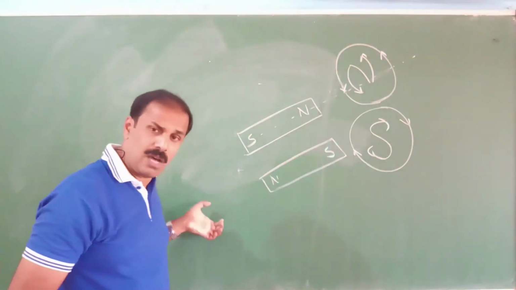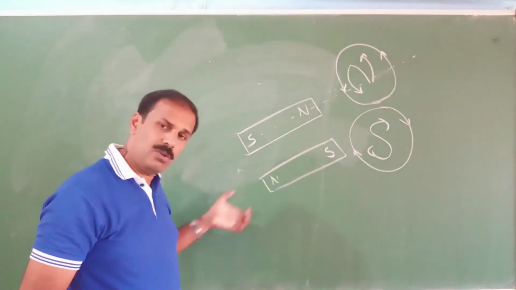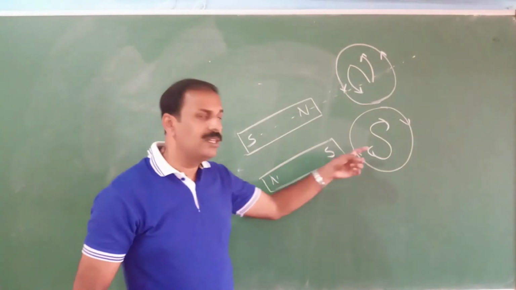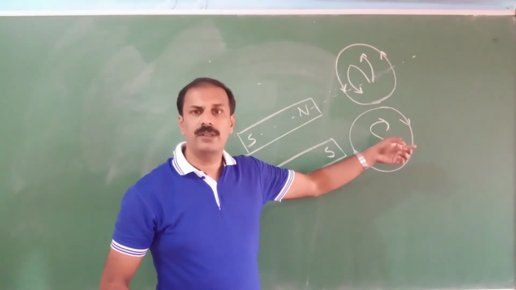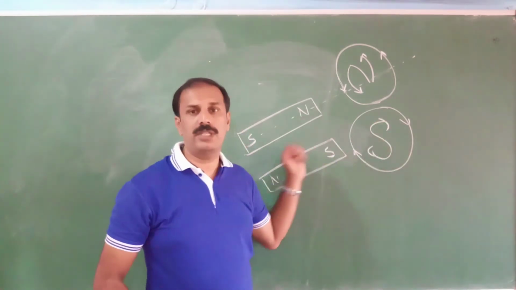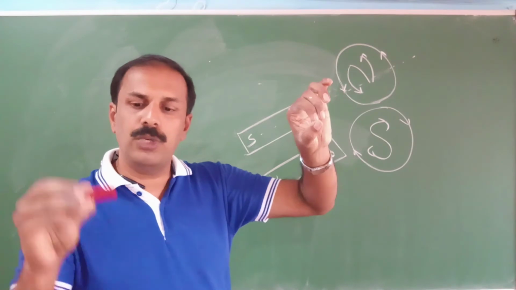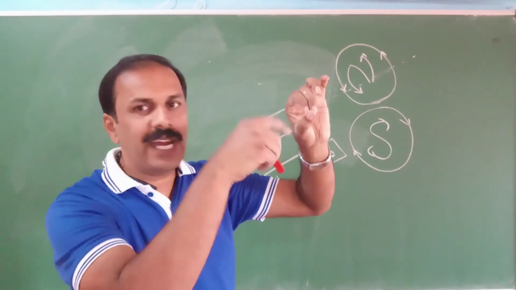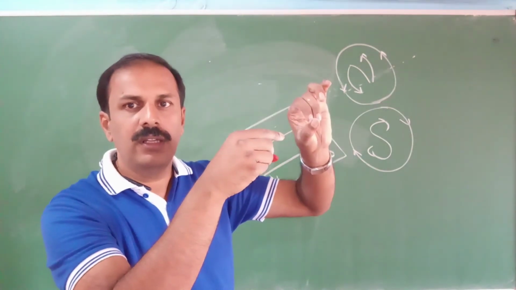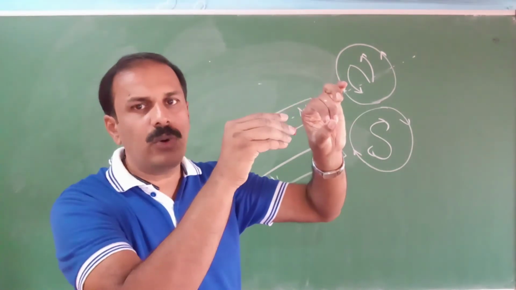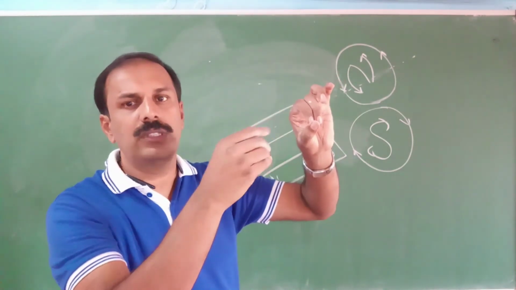And if you pull this south away from this side, pulling the south away is the same as pushing the north there, so here north will come. So if you push north towards the coil, this side will become north. If you push south toward the coil, this side will become south.